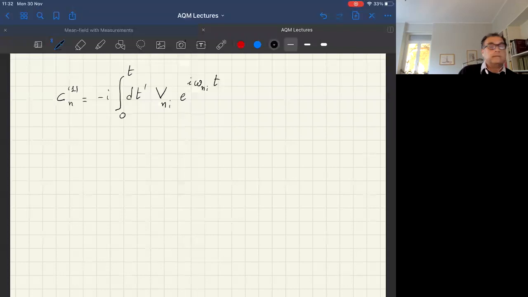So this means the following. I'm just discussing this particular case, but it means this is something which is quite general.